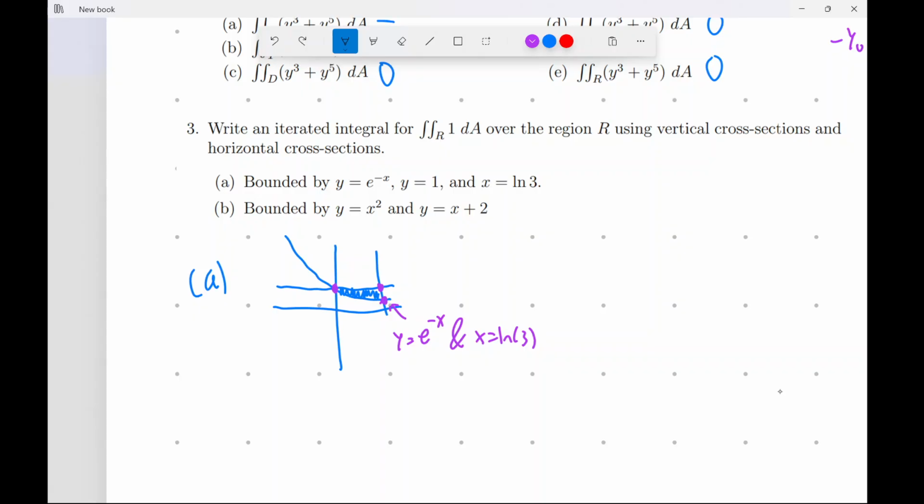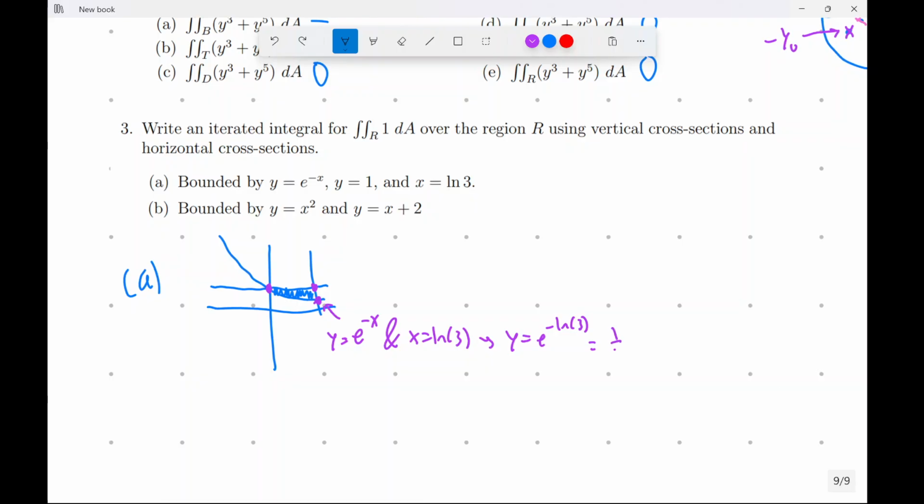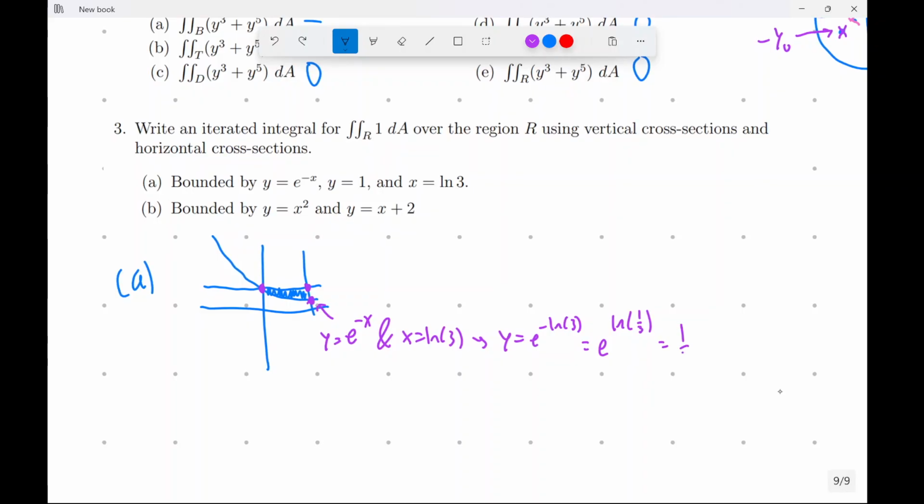And so if we plug x equals ln 3 into that equation, we'll get y equals e to the negative ln of 3, which is equal to 1/3. Or I'll show one extra step. This is e to the ln of 1/3, because we can bring that negative inside. We get 1/3. And so that point is ln of 3 and 1/3.